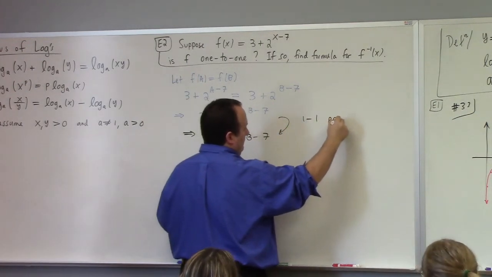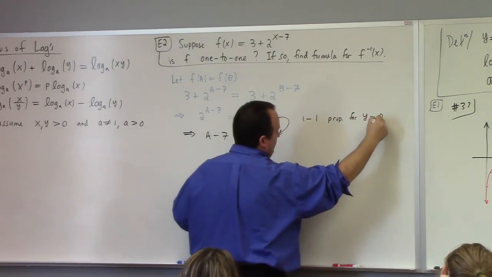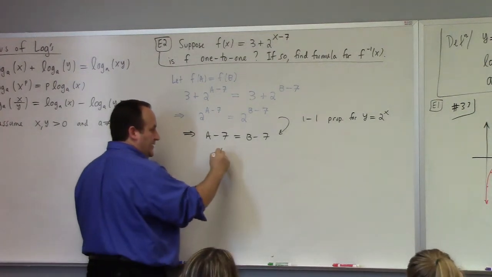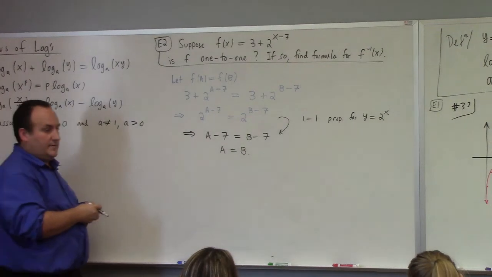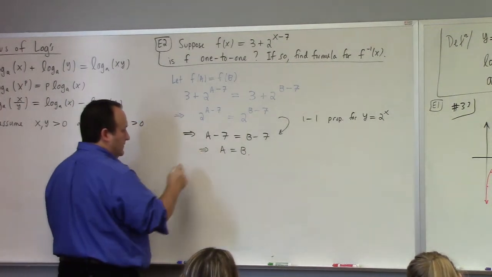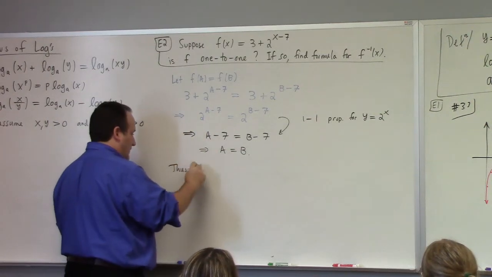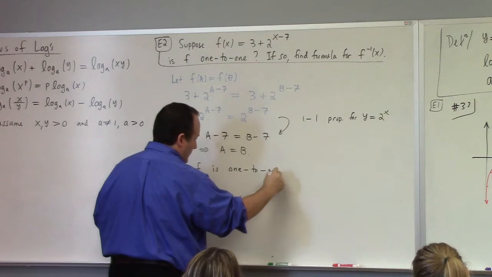And then that gives me a equals b. And thus, f is 1-to-1.